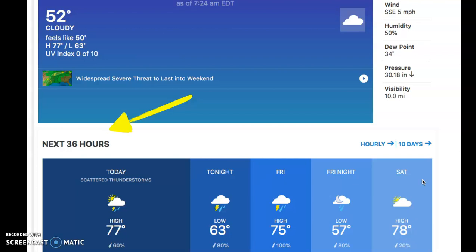This forecast does not give us next Tuesday, for example. It's just for 36 hours. Now if I clicked on here, we could get the forecast for the next 10 days. So it would show us today, tomorrow, all through the weekend, and then into next week. Same way we could do hourly for today. So it could give us the forecast each hour for today.